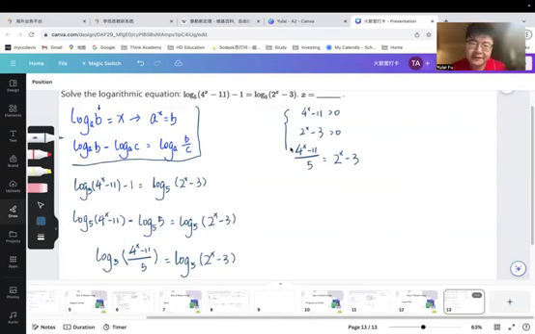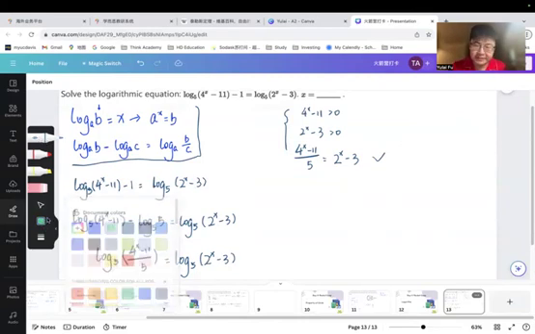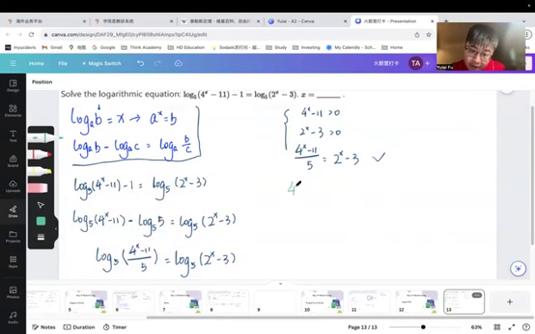Then our next step is to solve this. Let me change to green. First we have this expression over 5 equals this one minus 3.